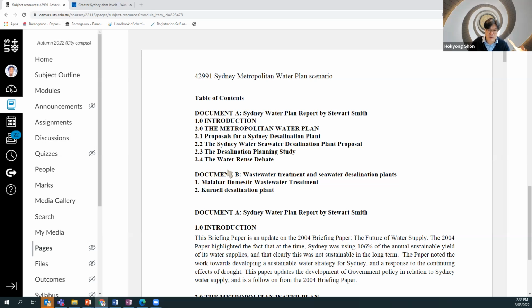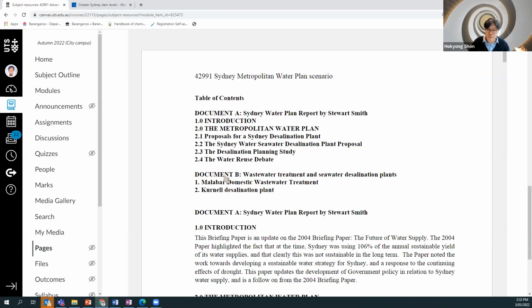Some people like to have seawater desalination, and other people like to have recycled water. Some people like more stormwater, rainwater. So there are different water sources and how we can make sure of sustainable water resources. So that's the overall content we have.